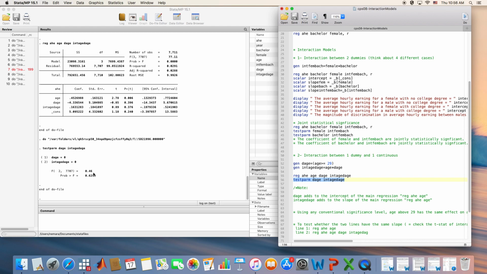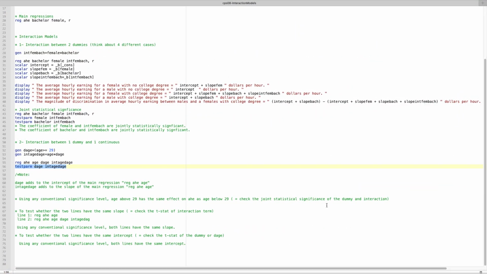Okay, so they are statistically jointly insignificant, and that's why when I ask you here to check whether the age up of 29 has the same effect on average hourly earning as age below 29, then you basically check the statistical significance of the two coefficients combined, okay, or f-test.